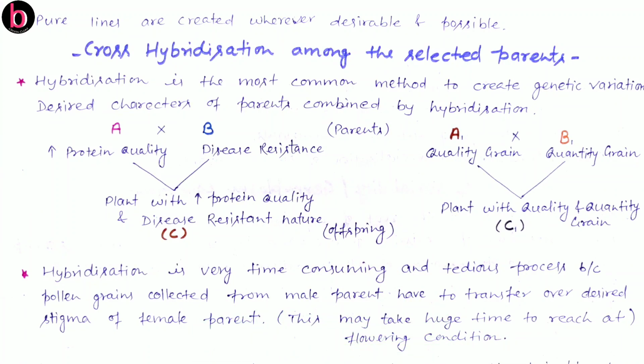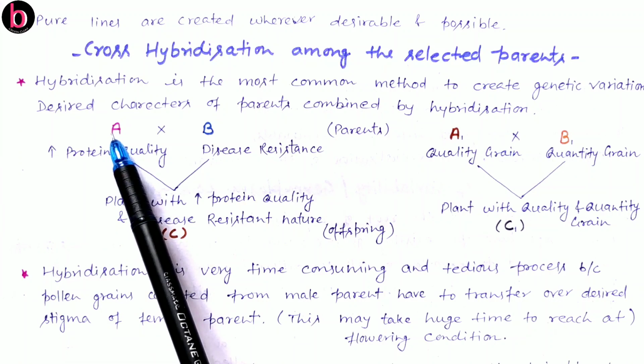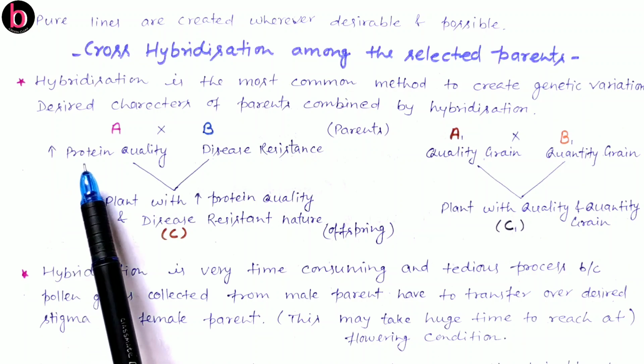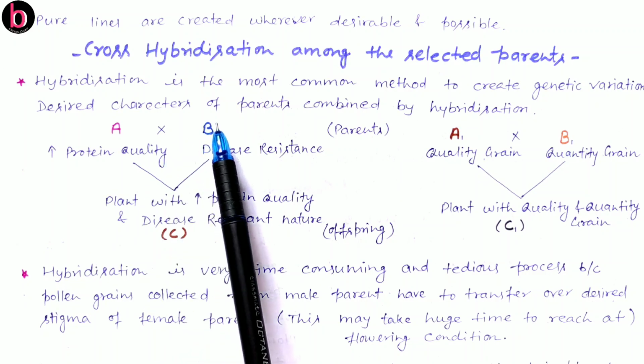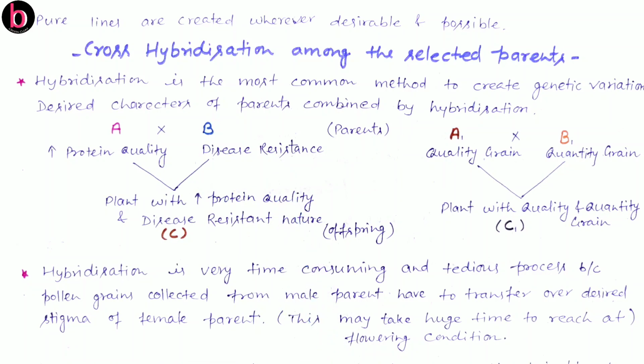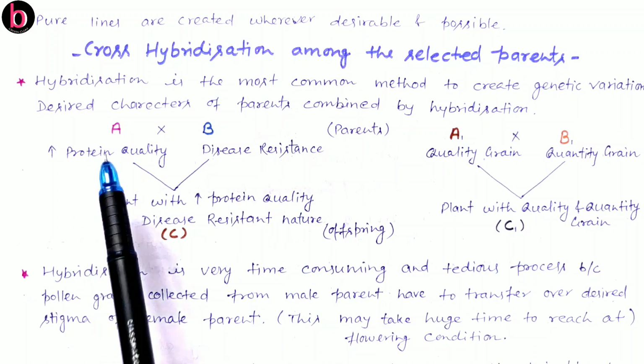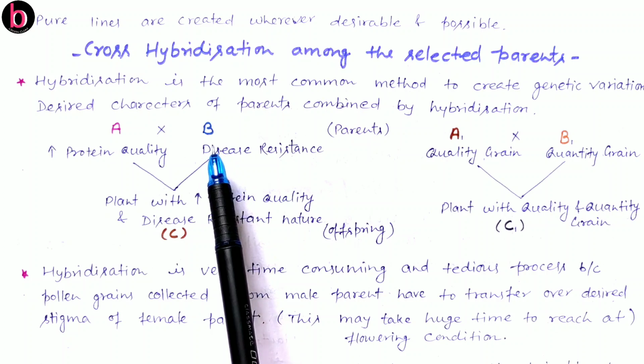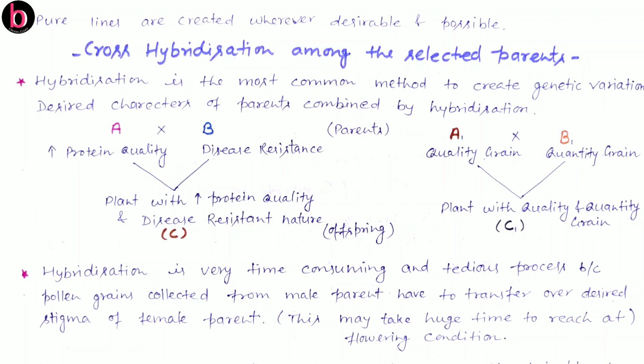For example, suppose there are two selected parent plant varieties A and B. Parent A carries high protein quantity while plant B carries disease resistance. In plant A disease resistance is absent, while in plant B the protein quality is very poor.